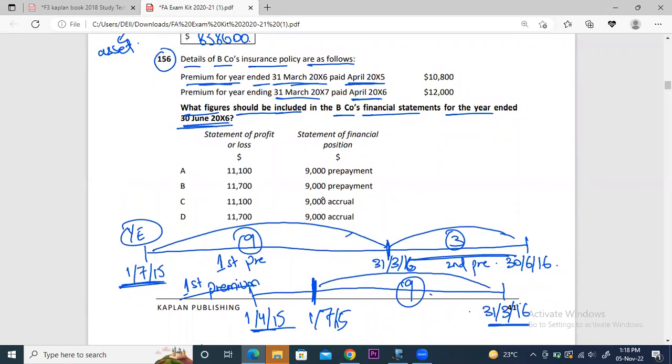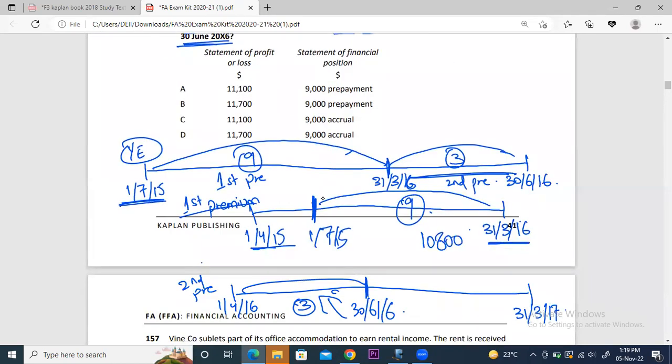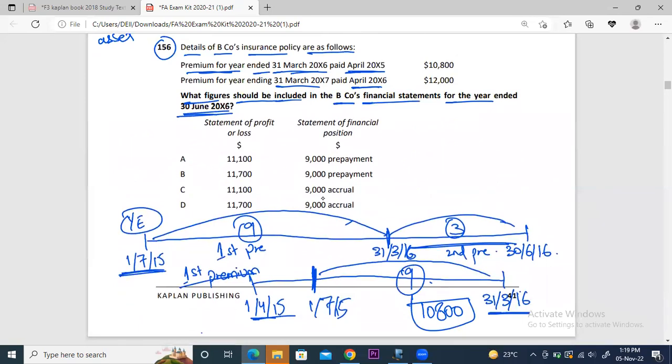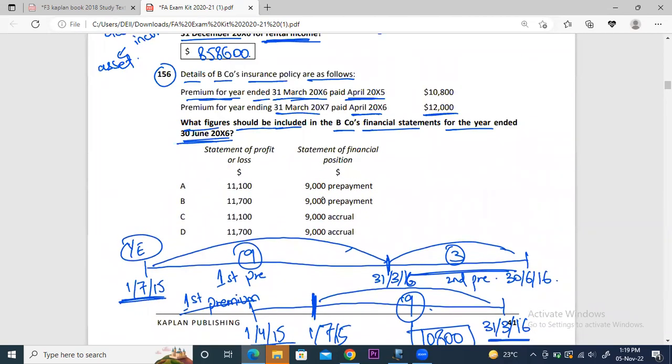Now how do we calculate expense? For the first premium, we paid 10,800 for the full year, and for the second one, how much we paid? 12,000, right? So we know from the first premium, we are just taking 9 months. 9 by 12. What will be the answer? Let's check. 10,800 into 9 by 12 is 8,100.